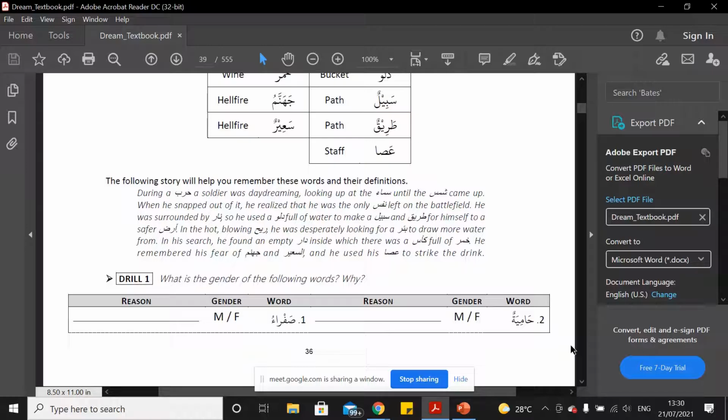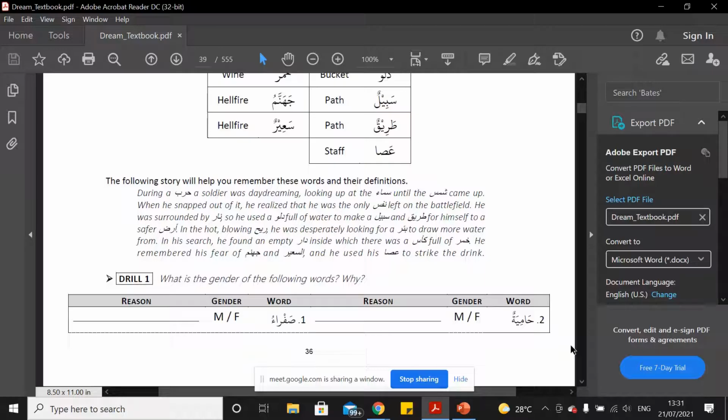He remembered his fear of Jahannam, hell, and Sa'ir, hell as well. Yes, this also means hellfire. Okay, hellfire, and he used his asa, stick, to strike the drink. Very good. Now, Sister Lippy's turn.